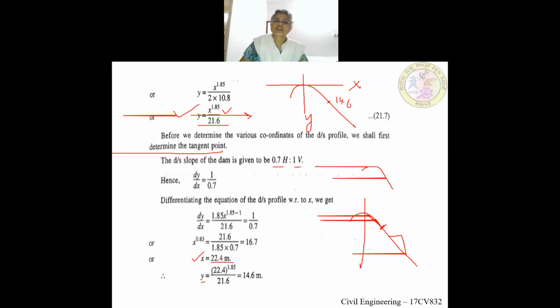And the corresponding value of y, sorry, y is 14.6 and x value is 22.4. So this is 22.4 and 14.6. That is, the xy coordinates of this point are known.